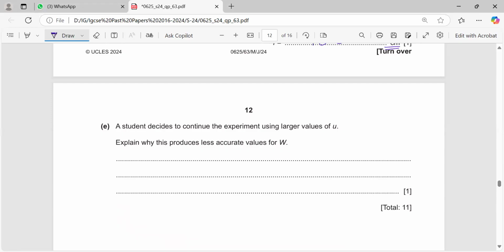And we have understood already this topic in paper 4 in the theory part, that as the distance of the object from the lens increases, the size of the image decreases. So it means HO will be larger and HI will become very small. As a result, it will be very difficult to measure the values of w.